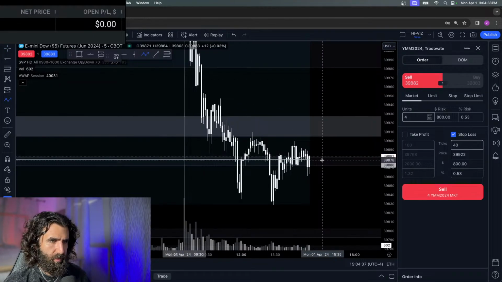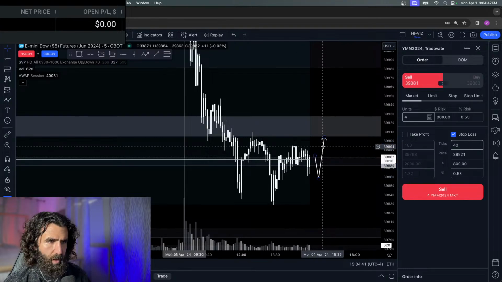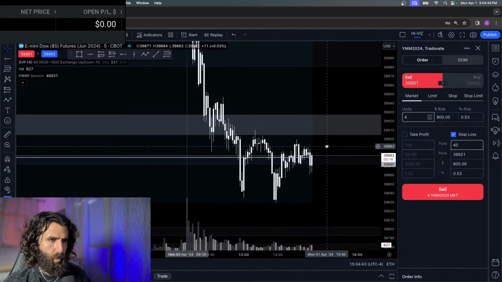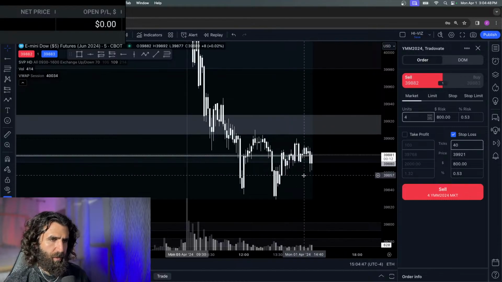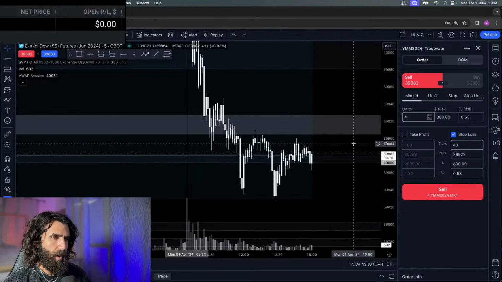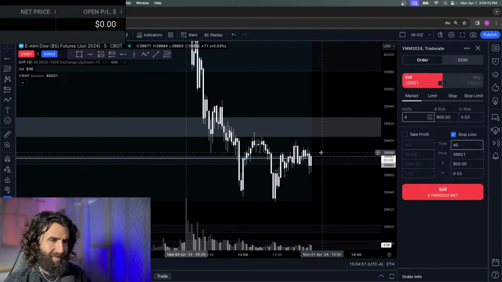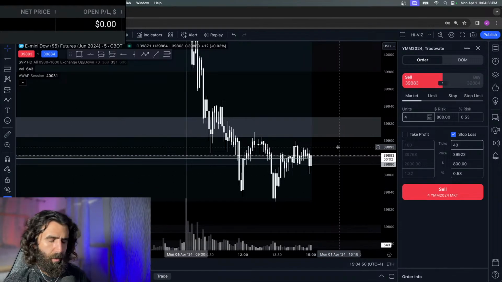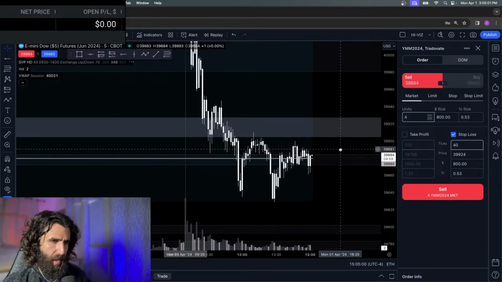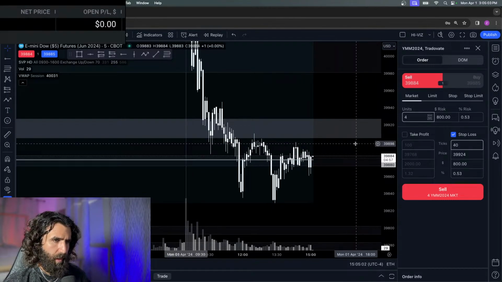If this was just a wick down before coming up above these highs, might be looking for the long. But again, I'm really playing off of this price action here because of the time of day. I'm anticipating a larger momentum move, an impulsive move to the upside or downside, and to pick up a win off that.